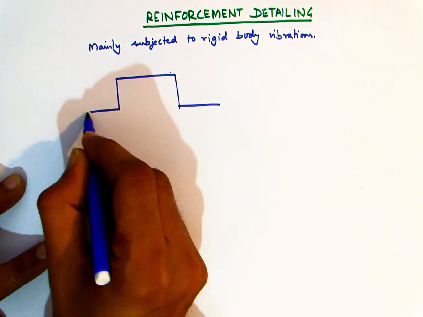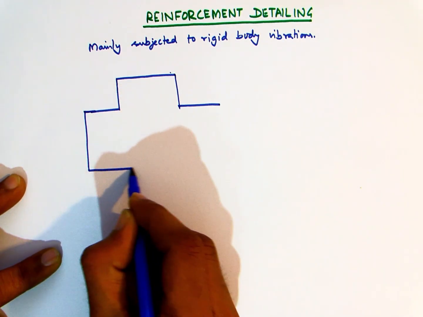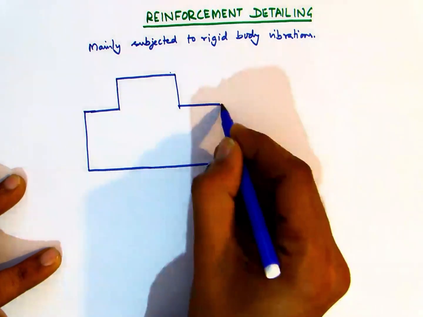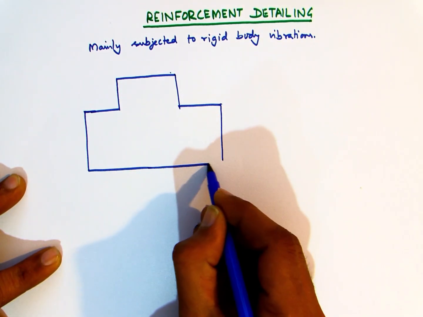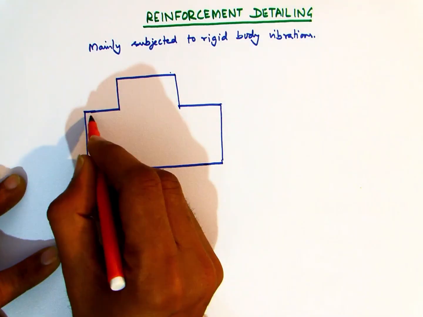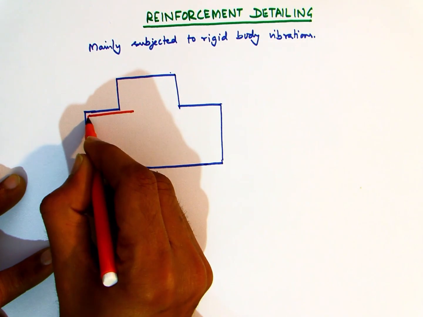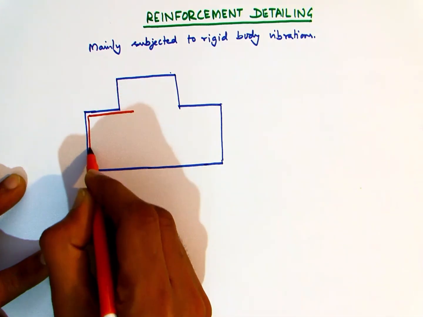The block type foundations are mainly subjected to rigid body vibrations, and then the different projections need to be checked for adequacy at the critical junctions for inertial forces, which we have already studied. Typically we need to provide reinforcement along the entire periphery of the foundation.